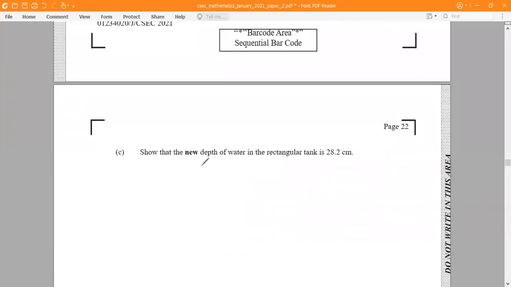They ask us to show that the new depth of water in the rectangular tank is 28.2 centimeters. So we use length by breadth by height, and that will now be equal to 56,400 cm cube. The length is 50 centimeters, the breadth is 40 centimeters, and the height is unknown.